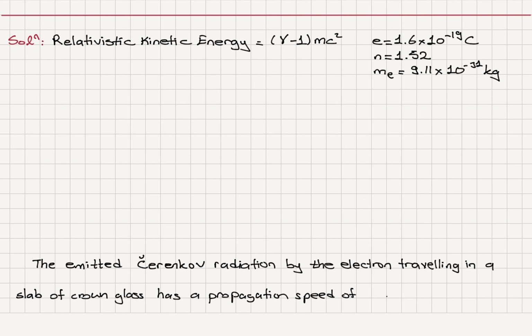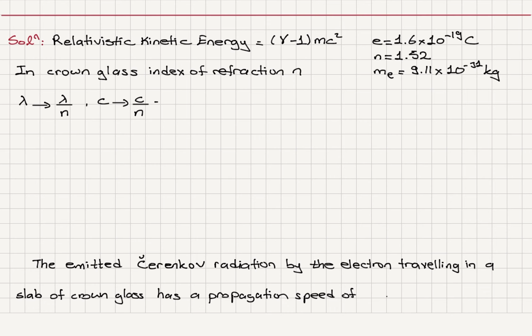Okay, so in crown glass, where we have index of refraction n, the wavelength in air is reduced to lambda divided by n, and the speed of light, c, is reduced to c divided by n.